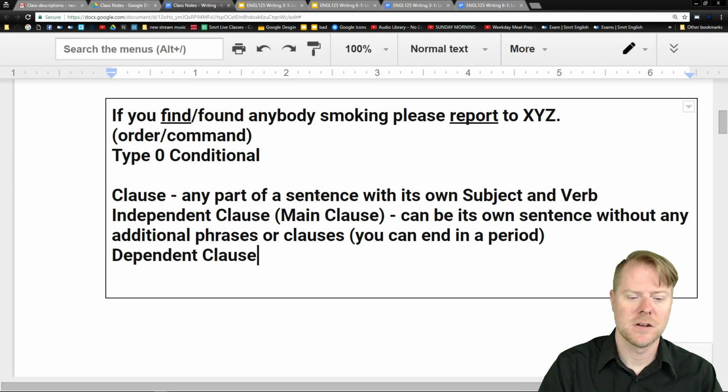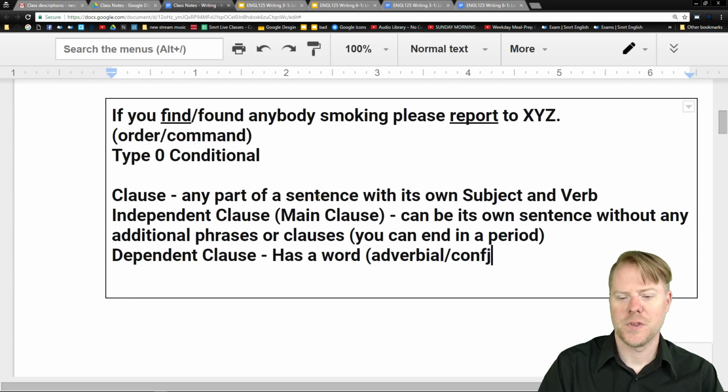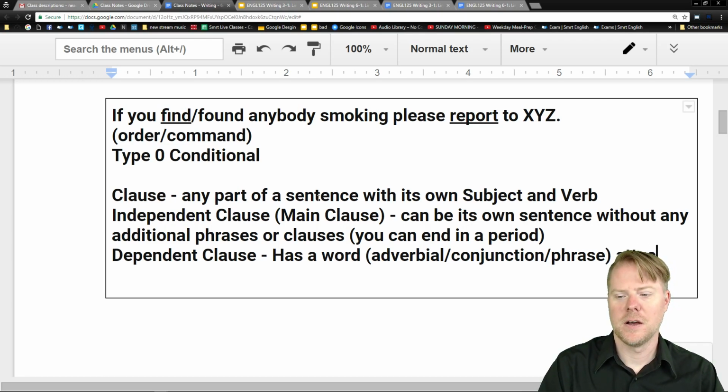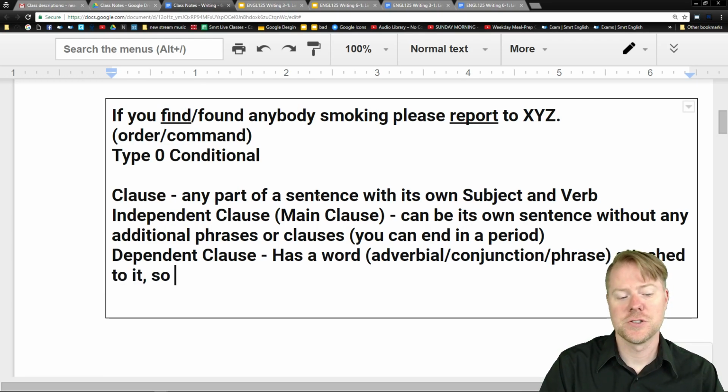A dependent clause has a word, like an adverbial, a conjunction, or a phrase attached to it, so it cannot be a sentence on its own.